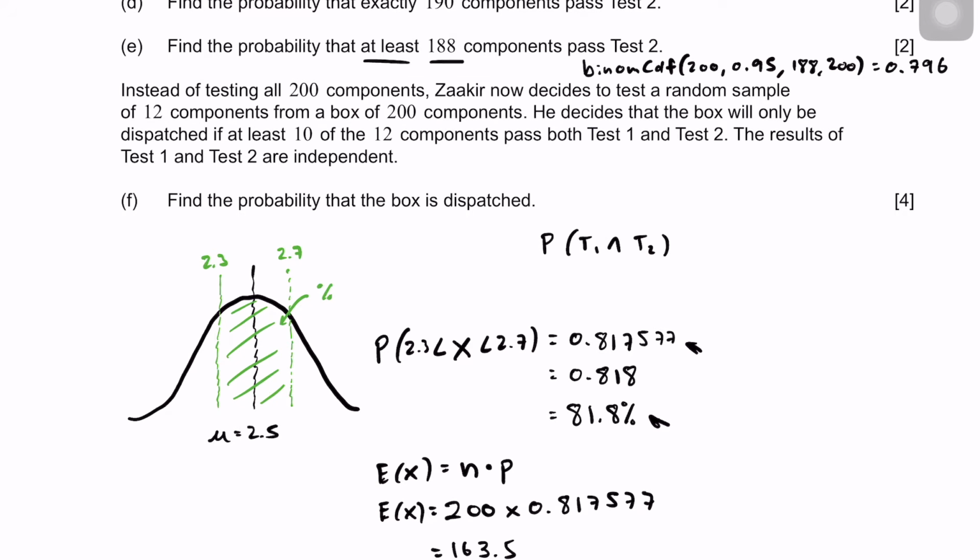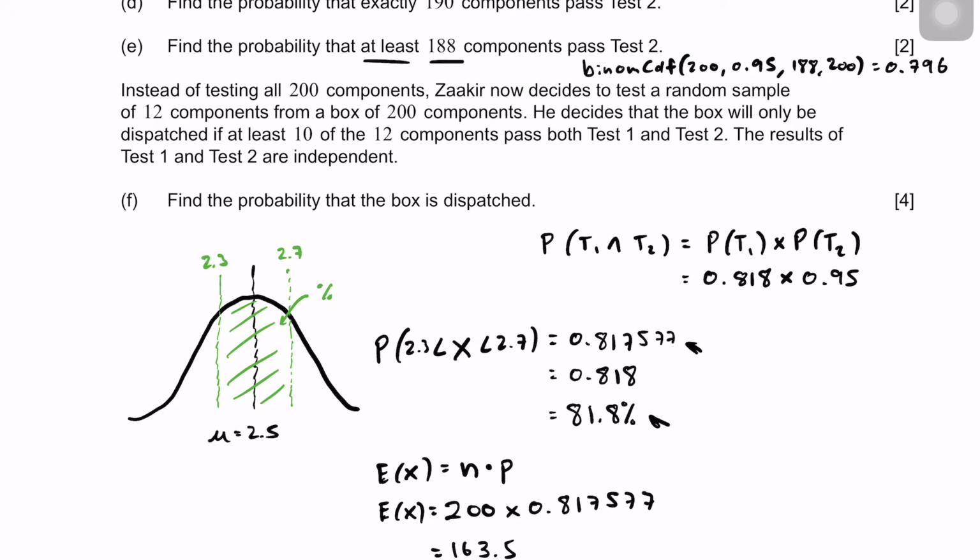Since these are independent, it's just going to be probability of T1 times probability of T2. So what is it for a particular component to pass both test 1 and test 2? Well, since they're independent, we can just multiply the probabilities. So in this case, 0.818, that's probability of passing test 1, and 0.95, that's probability of passing test 2.